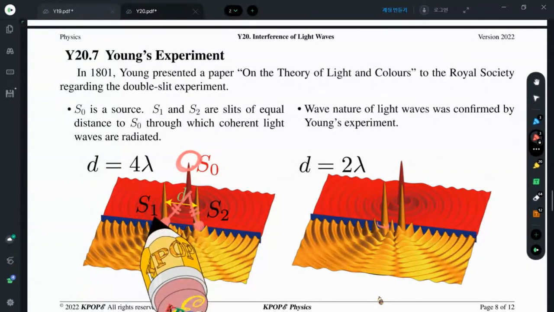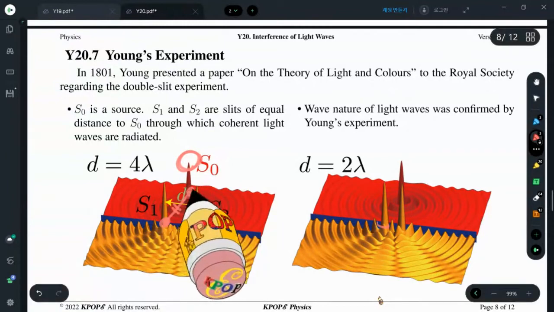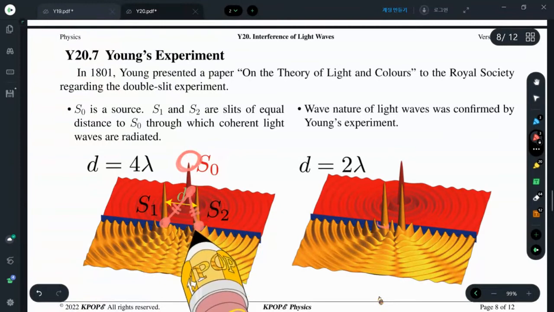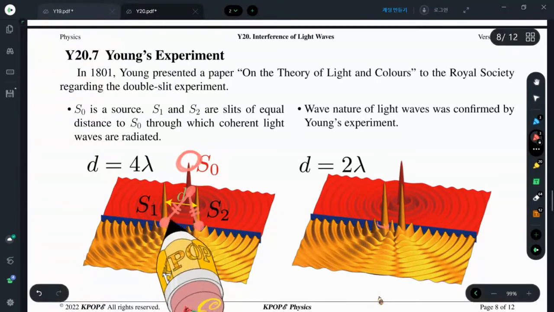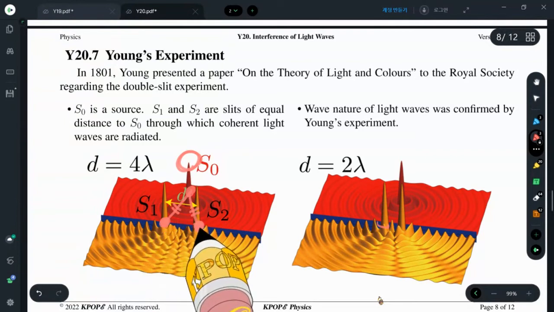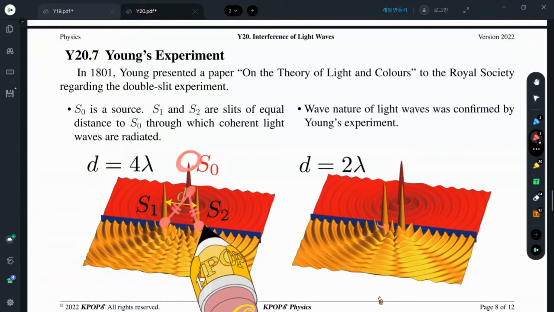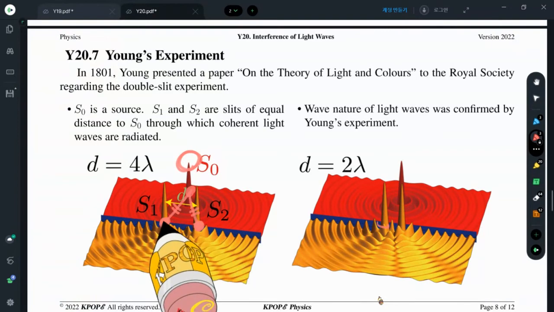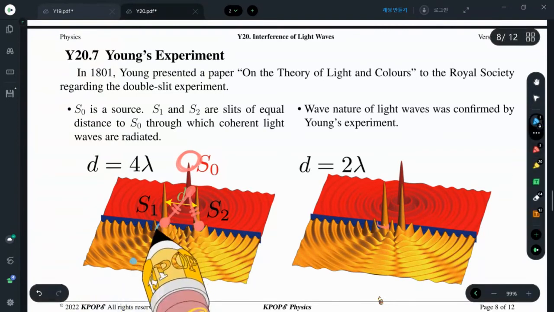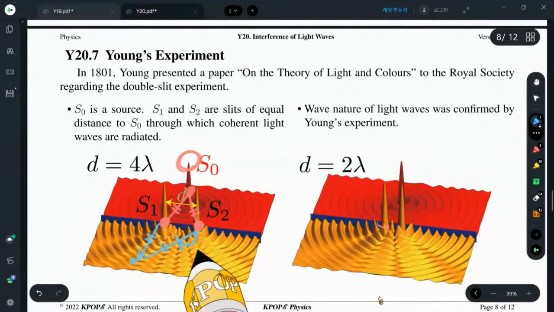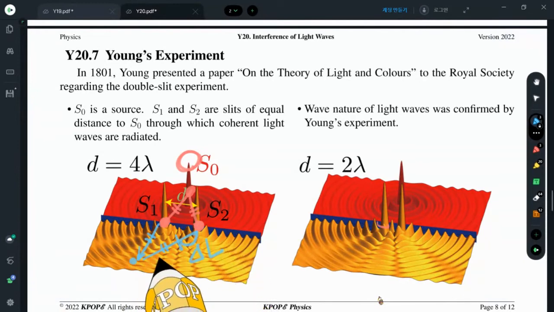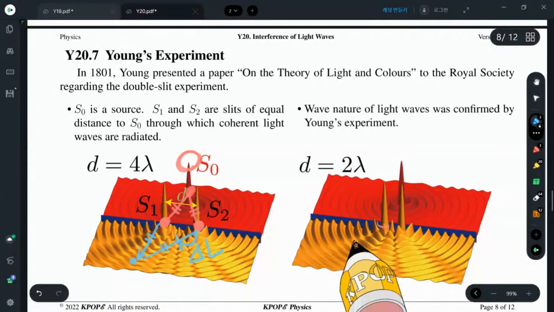They are coherent because we have managed the original light source here with equal distance. So when they depart these two apertures, they are in phase. However, when they reach another point in the field, the path length difference will generate the fringes. That is called the interference pattern.